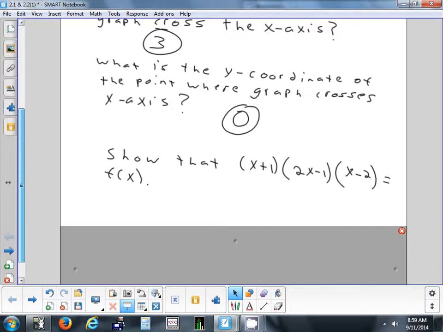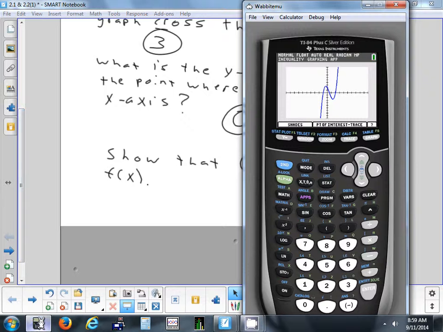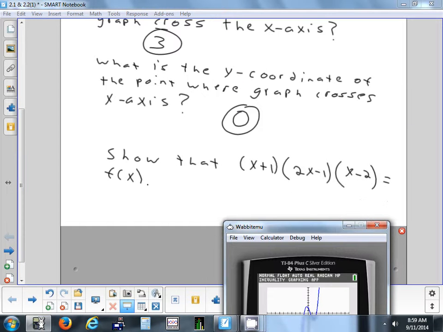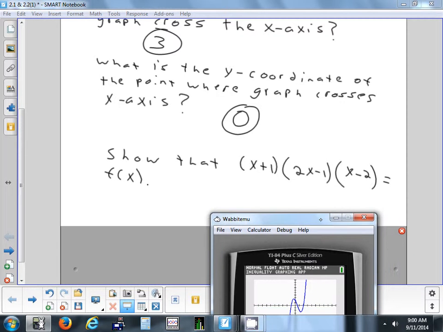What I want to do is show that this factored form is equivalent to the original equation. There are 2 ways we could do that. Algebraically, we could FOIL all this out and see if we get the original equation I started with. Or let's just graph this in y2 and see if it looks similar. Graphing and seeing that something looks similar doesn't prove it's the same equation.